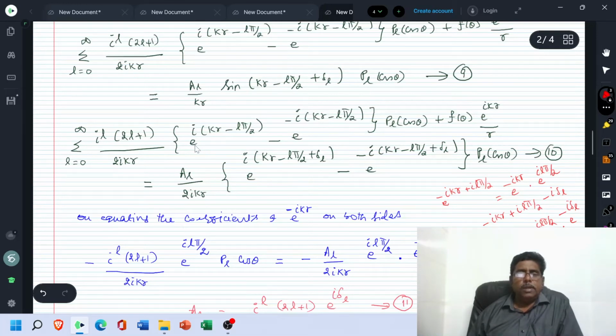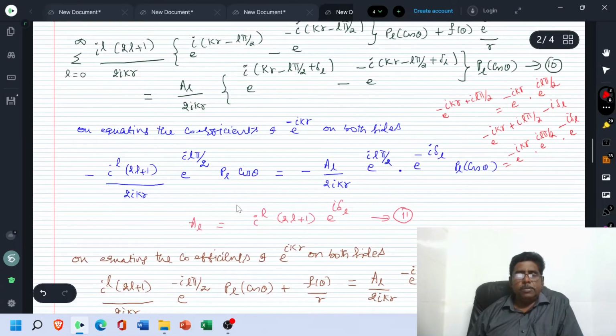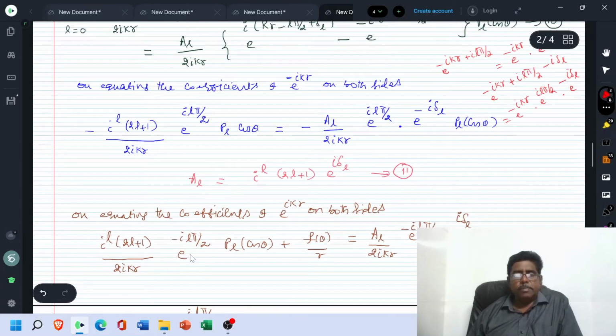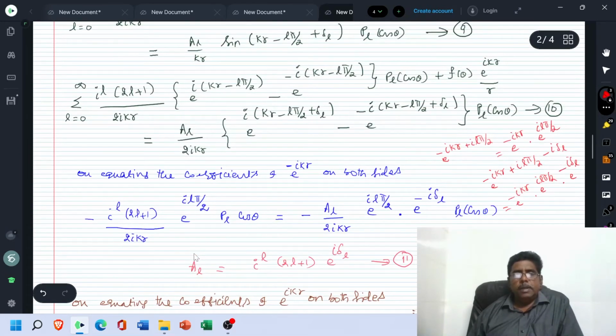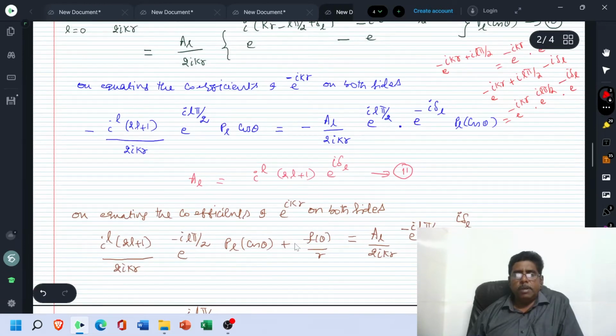Here only e^(+ikr) is present. So i^l (2l+1)/(2ikr) e^(-ilπ/2), that is the first term, into P_l(cos θ). Here the e^(ikr) term is present, therefore 1/r into f(θ), or f(θ)/r.